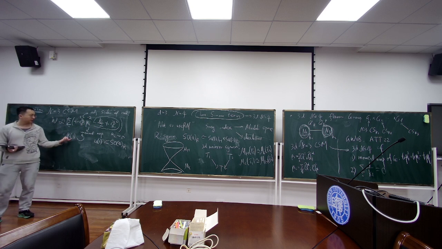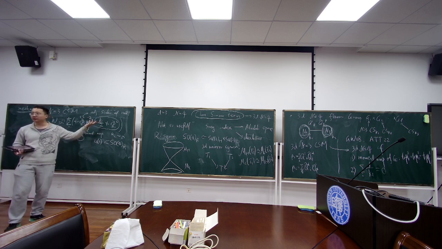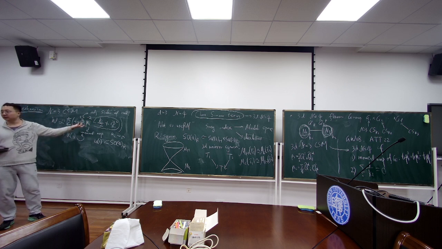Because of the existence of such a U1, the theory actually enhances from 3D N=3 to 3D N=4. However, as you can see, when the Chern-Simons level is non-zero, W is not invariant under this U1.